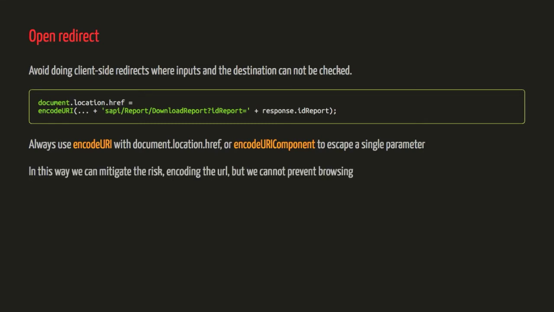In this way we can mitigate the risk by encoding the URL, but we cannot prevent browsing. In fact, this is still an open problem, because in our application we should have a sort of whitelist of possible allowed destinations, so that we can block any unauthorized destination. But achieving this is not so easy.